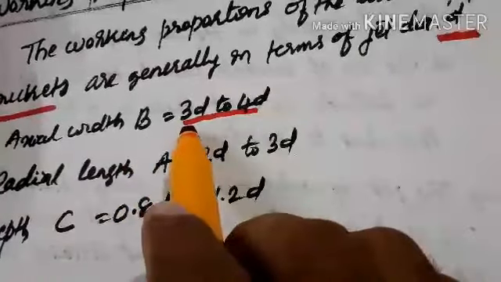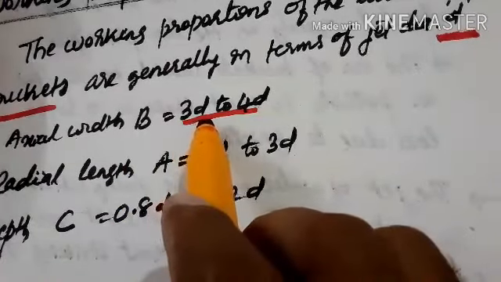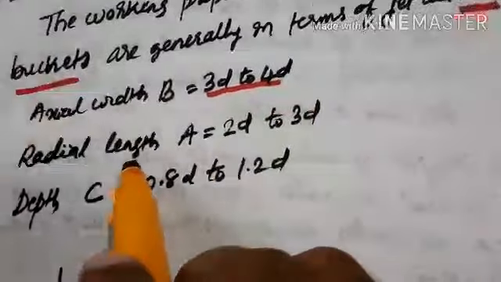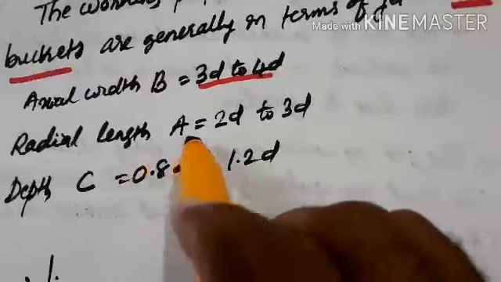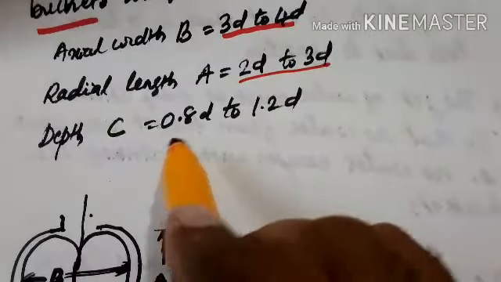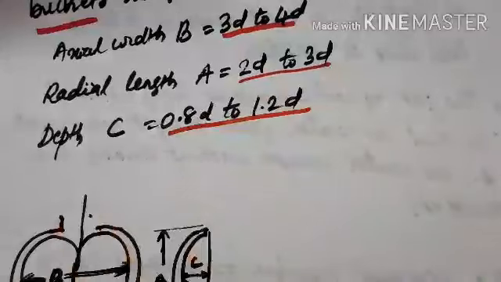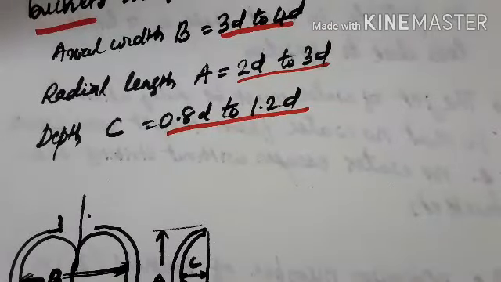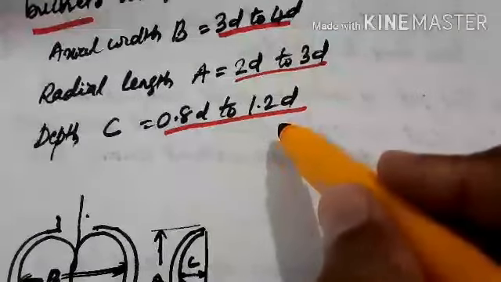Then the radial length A is taken as 2D to 3D. And the depth of the bucket is taken as 0.8 times D to 1.2 times D. So all are expressed in terms of the diameter of the jet.